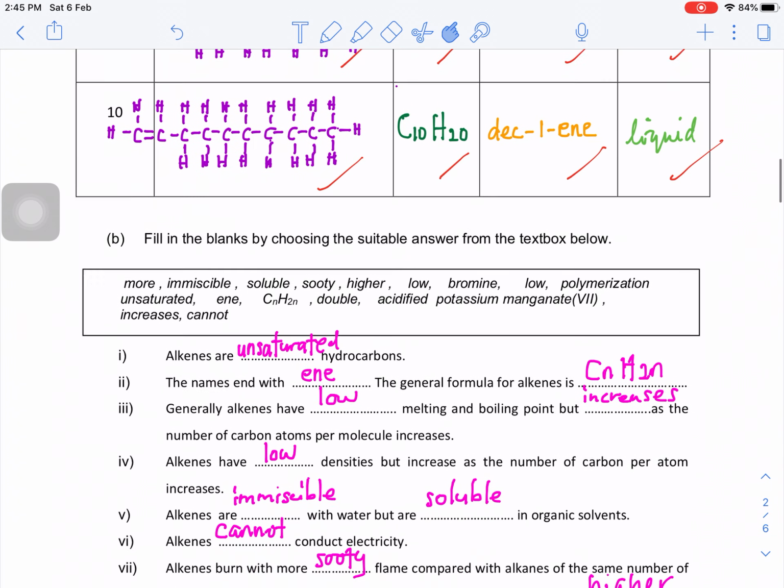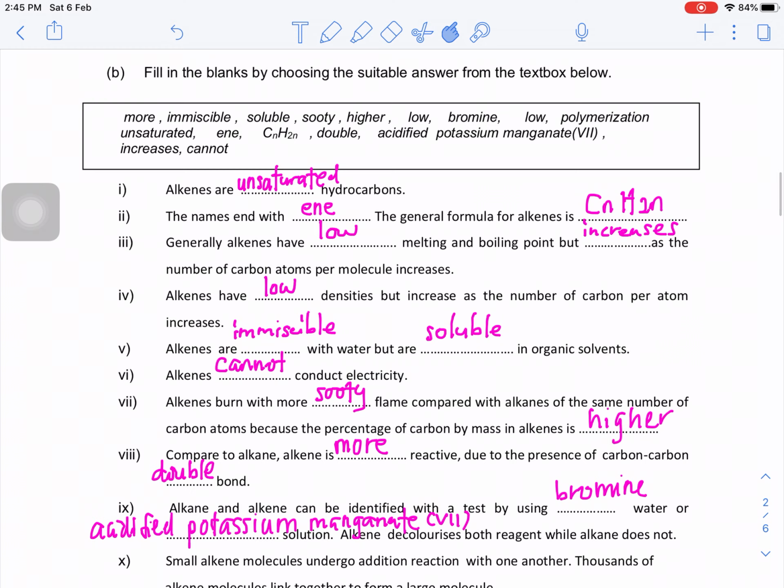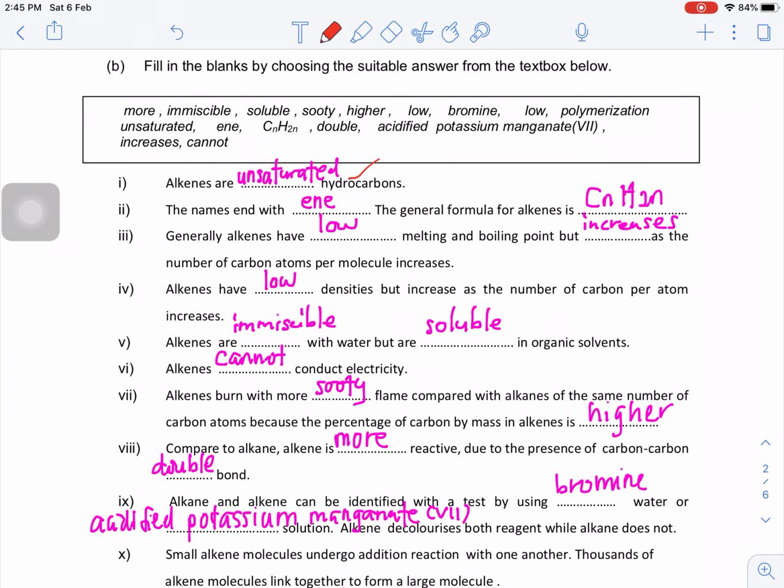Next, fill in the blank by choosing the suitable answer from the text box below. Alkenes are unsaturated hydrocarbons. The names end with "ene". The general formula for alkene is CnH2n.